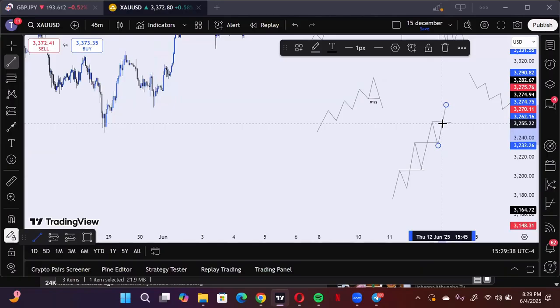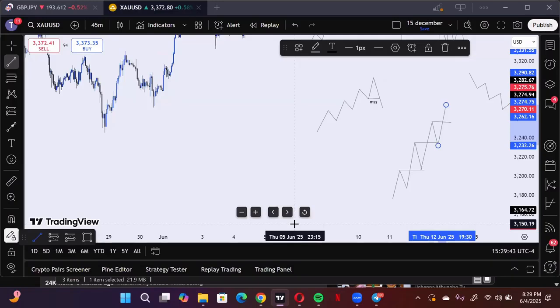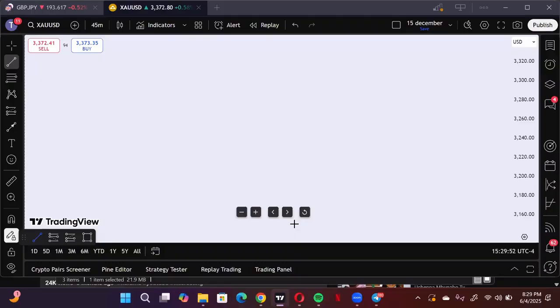So once price breaks any key level, can you guys hear me?